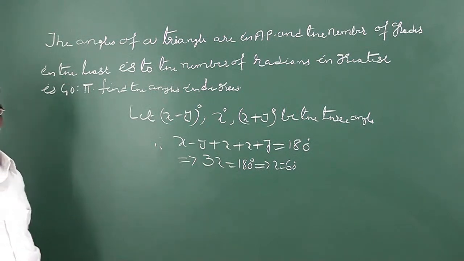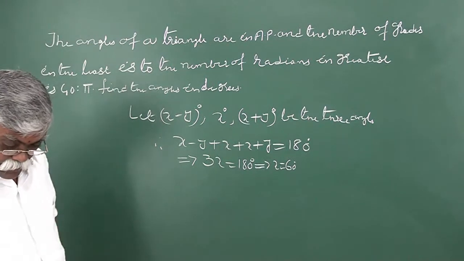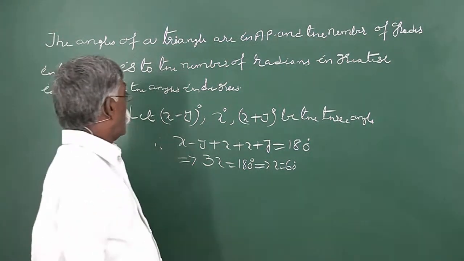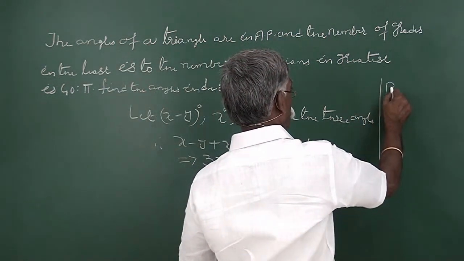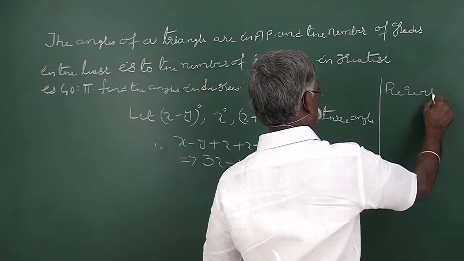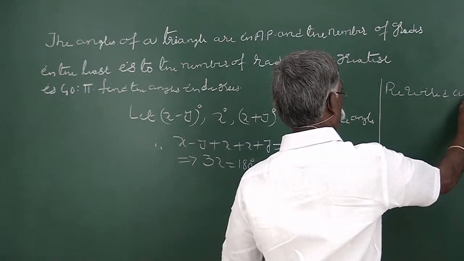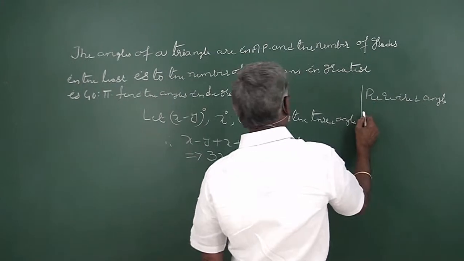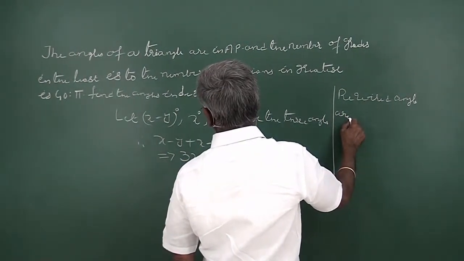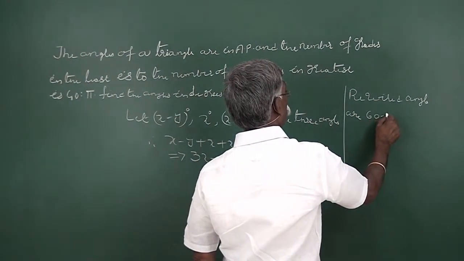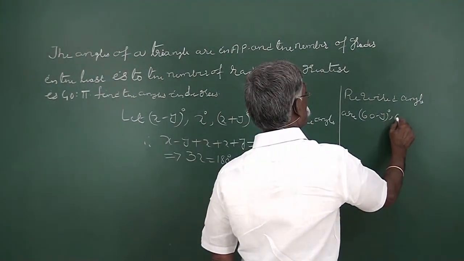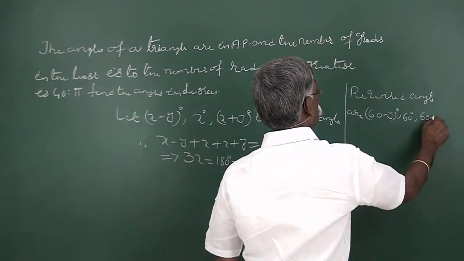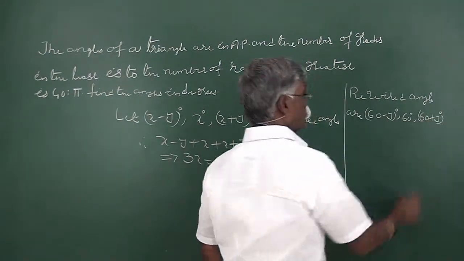Thereby we got 3x is equal to 180 degrees, and thereby x is equal to 60 degrees. Now the required angles are 60 minus y degrees, and x is 60 degrees, and this is 60 plus y degrees.